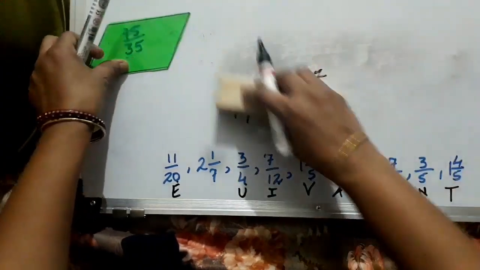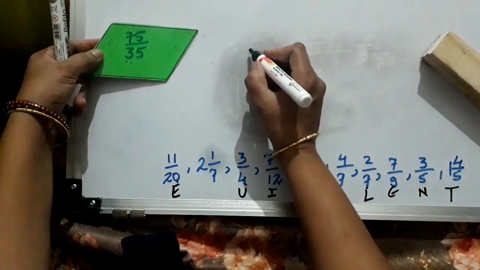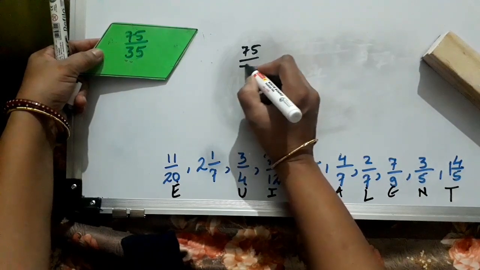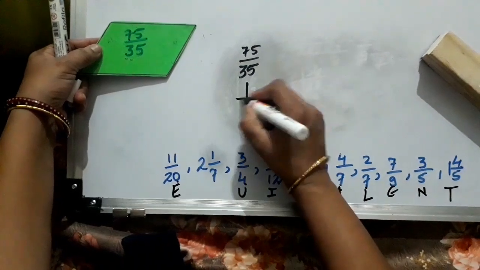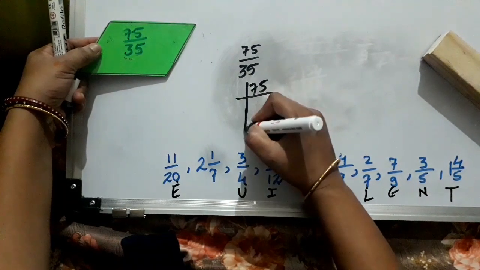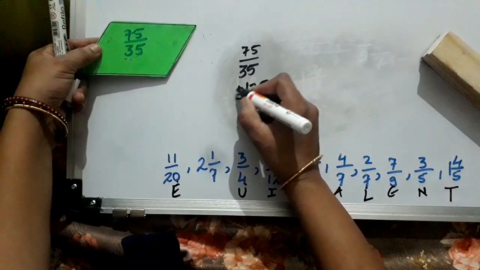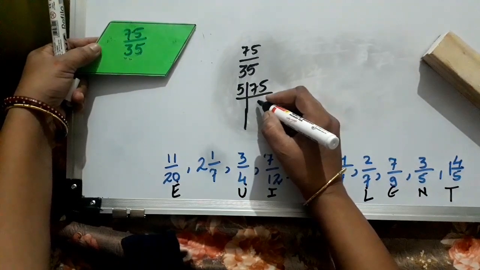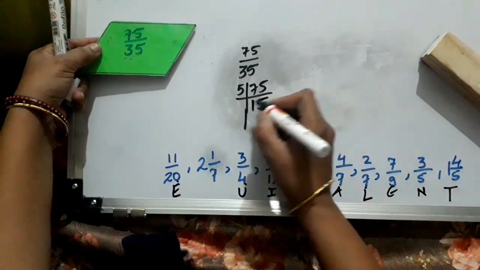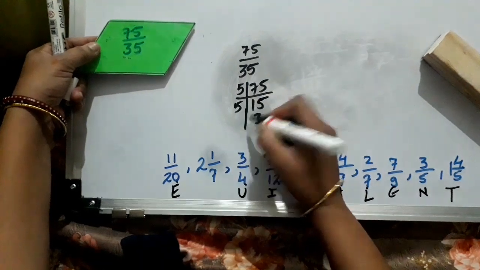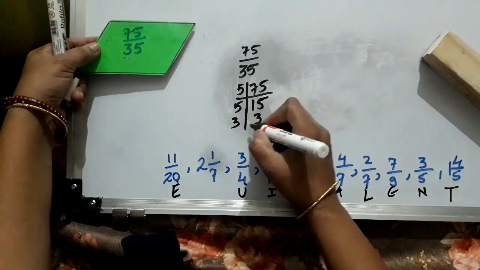Now the last task card, we have 75 upon 35. So here for 75, the ones place is 5, so it's divisible by 5. 5 15s are 75, then 5 3s are 15, 3 1s are 3.